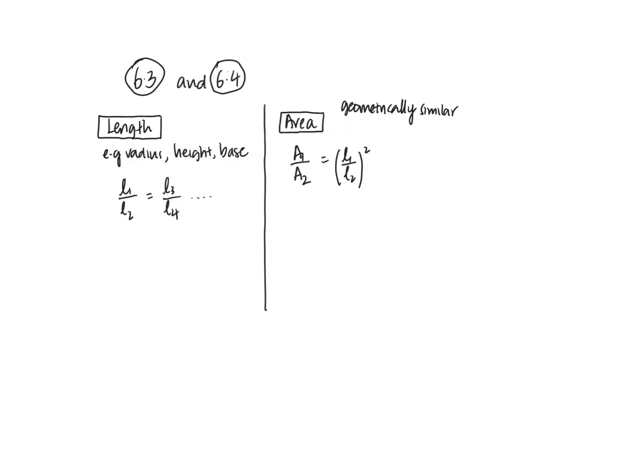Then when we go into three-dimensional shape, which is volume, examples like weight, capacity, volume, they will use words like this, but whichever word they use, if it's 3D space, they occupy a certain space, you know it's V1 over V2, L1 over L2 cube. So that's the only three things that we have learned.